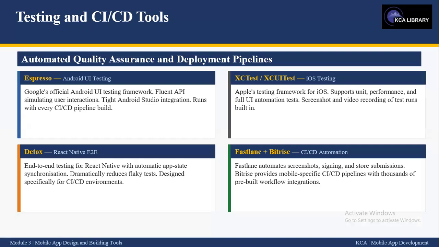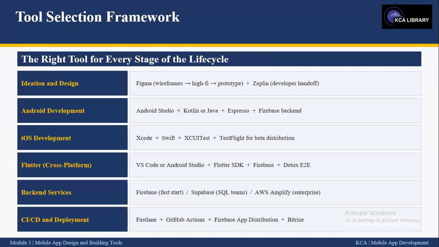Tool selection framework. The right tool for every stage of the life cycle. Number one, ideation and design: Figma for wireframes and prototypes, plus Zeplin for developer handoff.